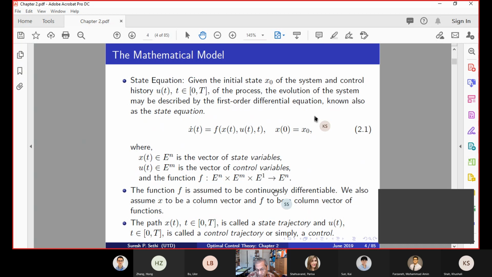So f is assumed to be continuously differentiable. We always assume x to be a column vector and f to be a column vector of functions. The path x(t) from 0 to T is called the state trajectory. u(t) from 0 to T is called the control trajectory, or simply a control.